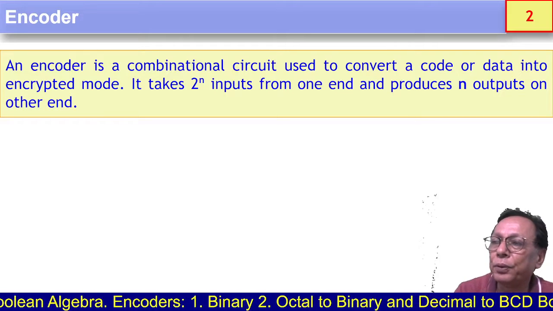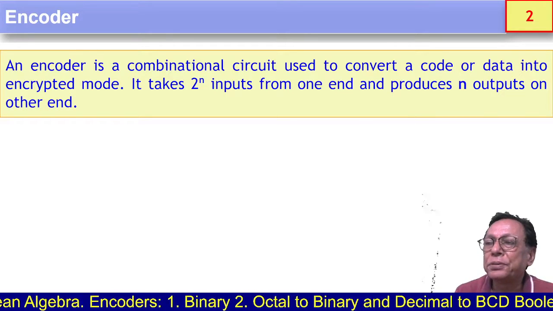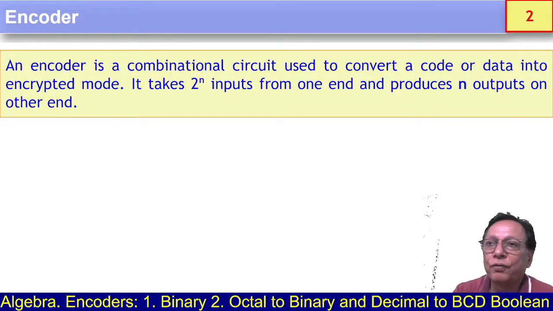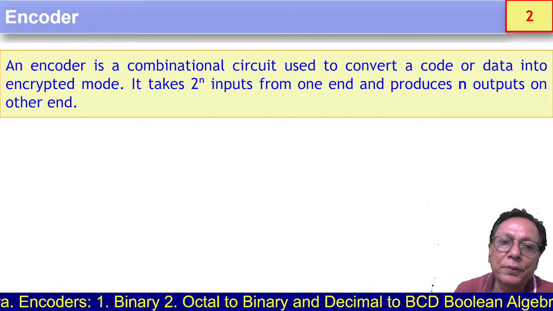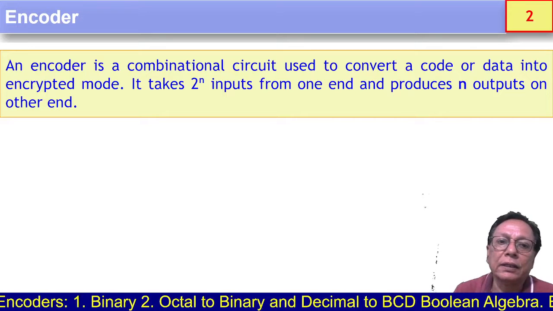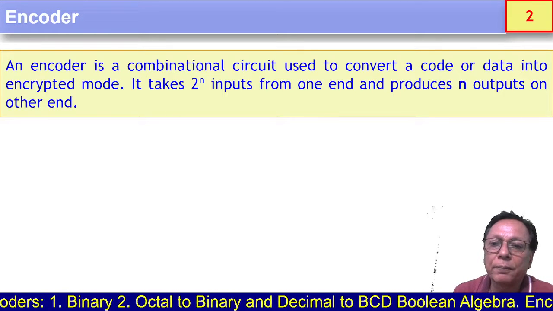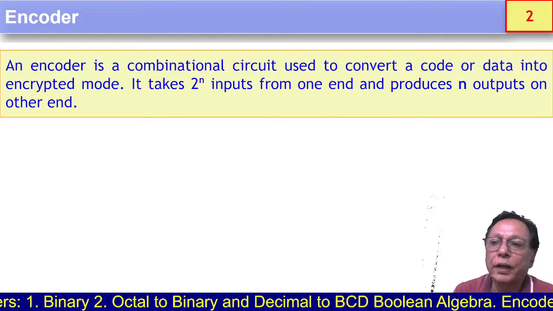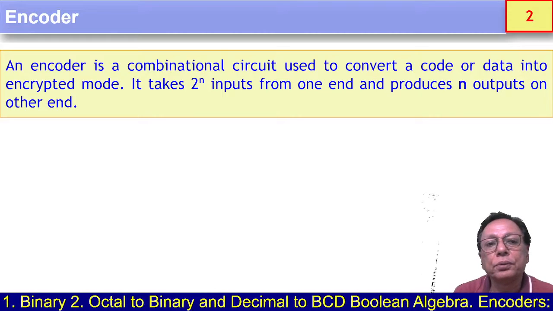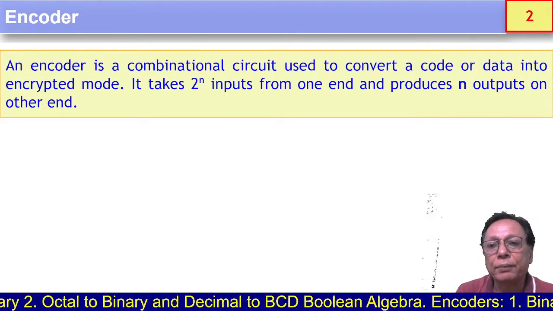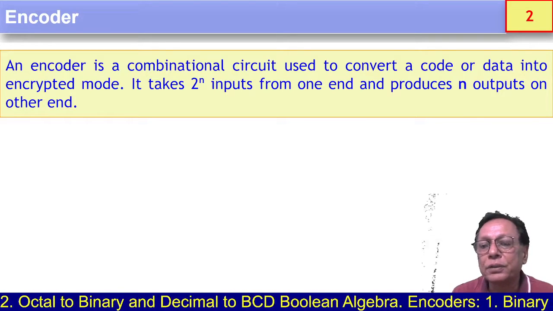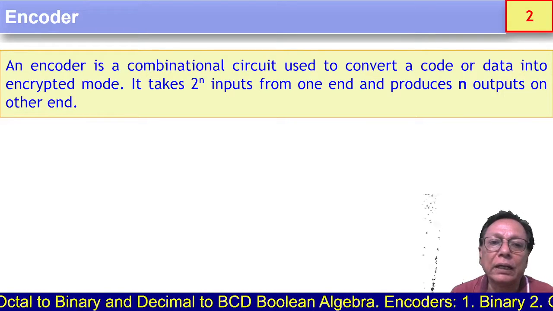This time I discuss the encryption or the encoding from one system, from one number. So this is basically a combinational circuit used to convert a code or data into encrypted form. It takes 2 to the power n inputs from one end and gives n outputs on the other end.